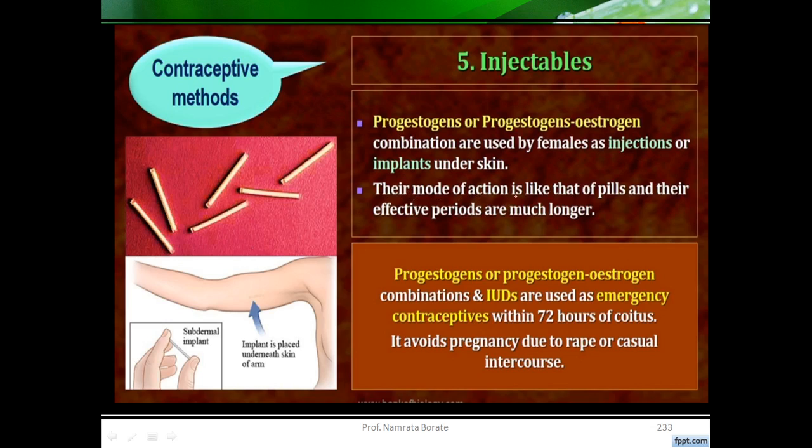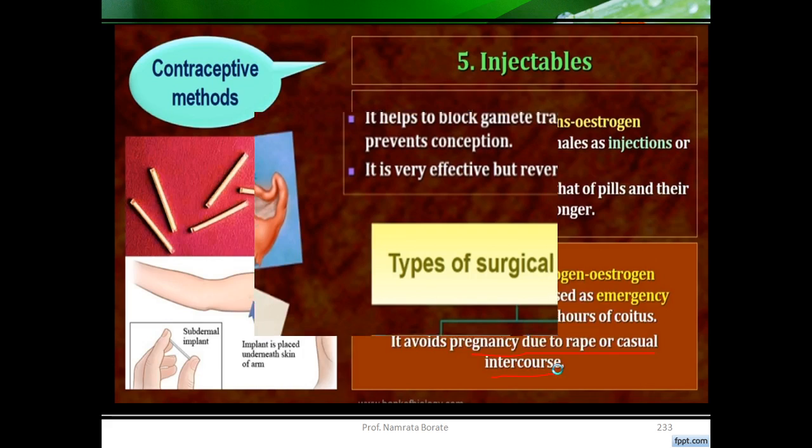Their mode of action is like that of tablets or pills, and their effective period is much longer. Progestogen, progestogen-estrogen combination and IUDs can be used as emergency contraceptives within 72 hours of coitus. It avoids pregnancy due to rape or casual intercourse.